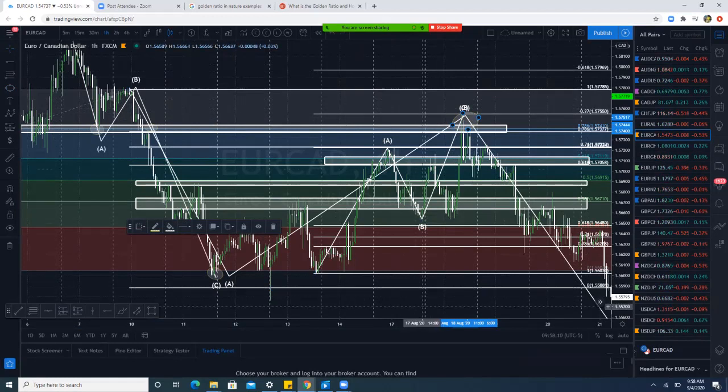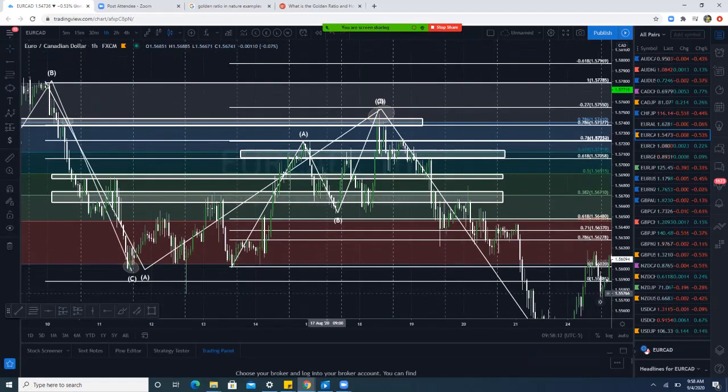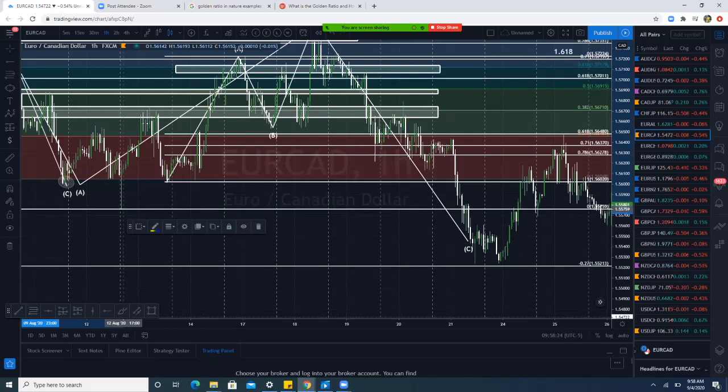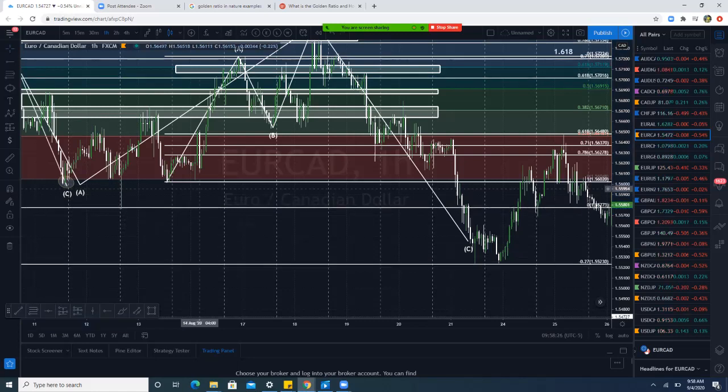So let's see if it continues down. So it continues down. You see how price comes to that 27 level? Comes to that 27 level. And let me actually bring this to this point so you can see how things line up. Comes to that 27 level. That was the lowest point. So let me actually adjust that.